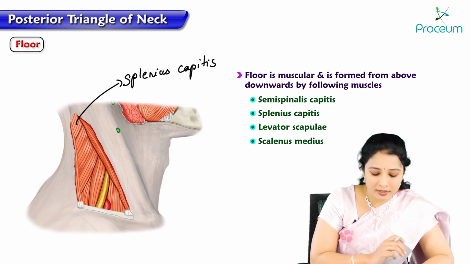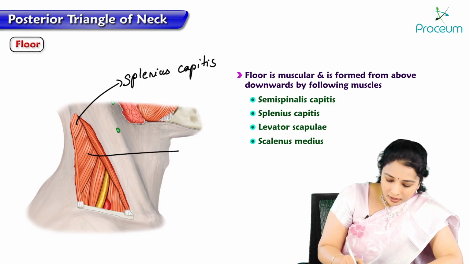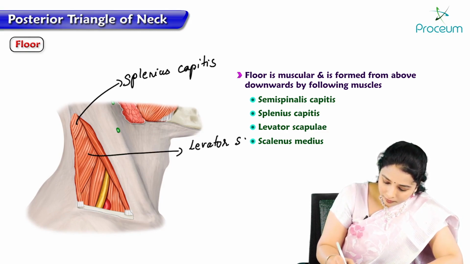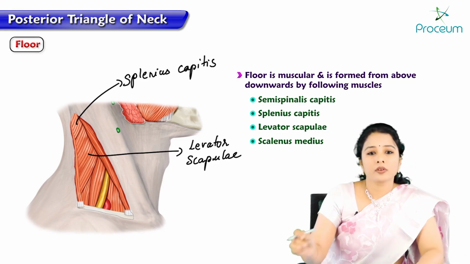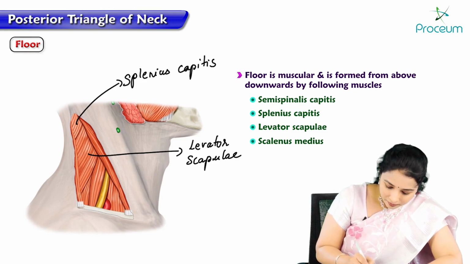Next one is the levator scapulae. The obliquely running muscle towards the scapula is levator scapulae. And the fourth muscle is scalenus medius.